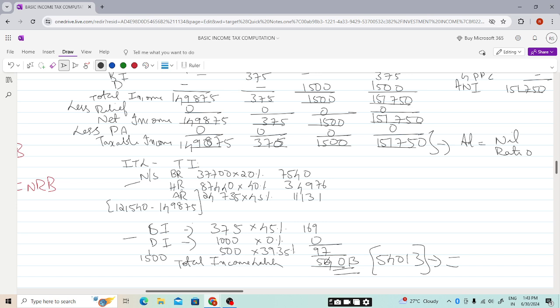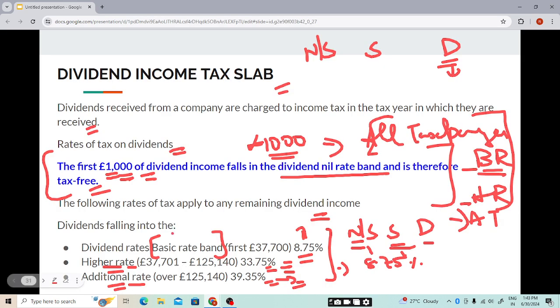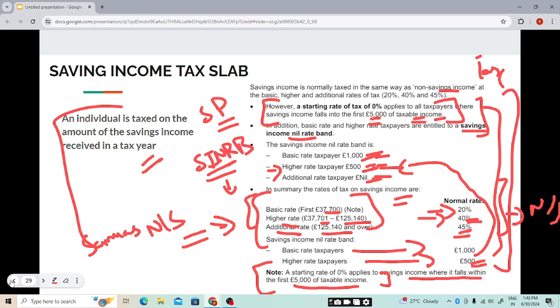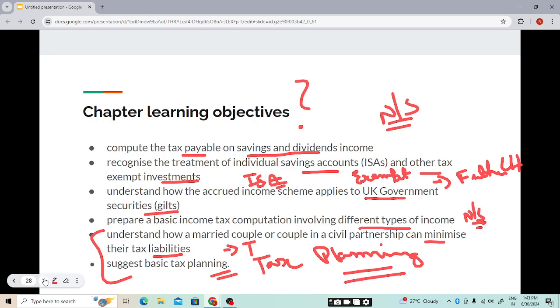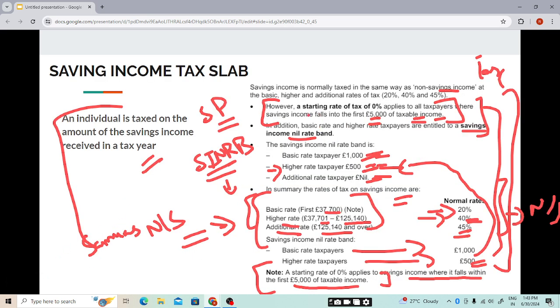I hope the saving income and the dividend income rules are clear to you. So in today's class we covered these topics: saving income nil rate band, that is, if the saving income falls within the first 5,000 of the taxable income it will be taxed at 0.